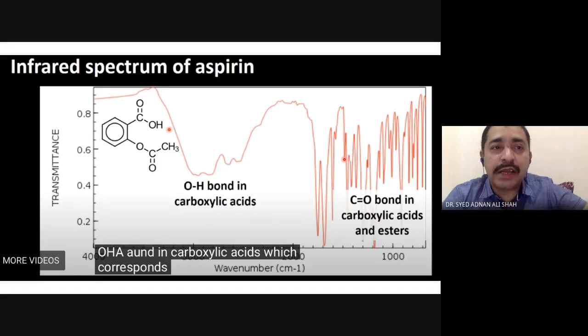You have to see the wave number on the horizontal axis, and the transmittance on the y-axis. This is the band. If there is any functional group, then a band will form. Every functional group has its own wave number, its own property to show in the spectrum that it is there.